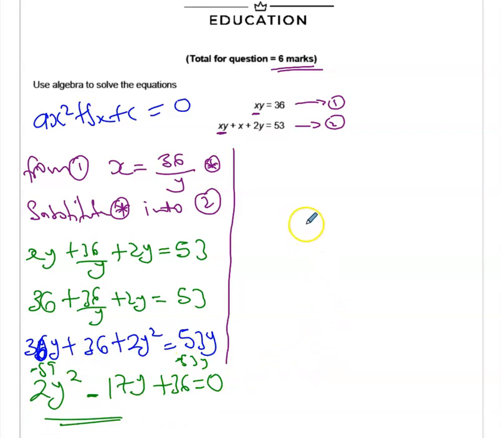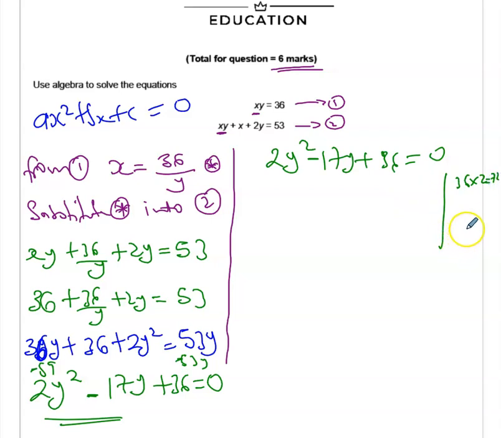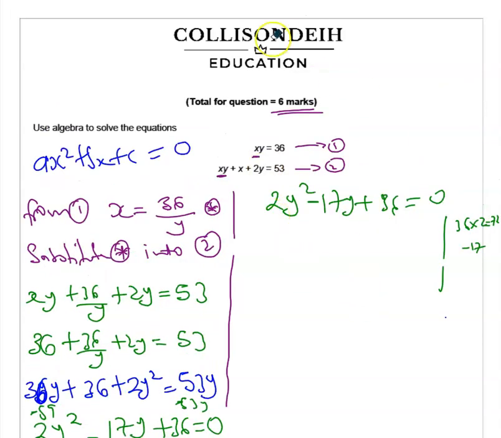So let's now focus on solving this quadratic equation. 2y squared minus 17y add 36 equal to 0. So you're looking for two numbers whose product will be 36 times 2, which is 72, but whose sum will give you minus 17. So we're thinking of two numbers, and that gives us a 9 and an 8.